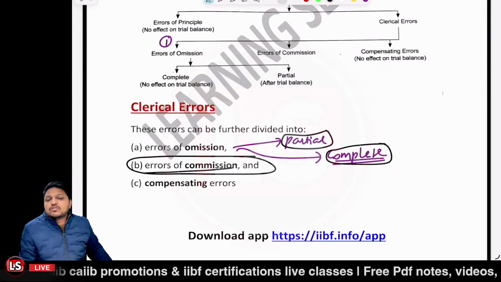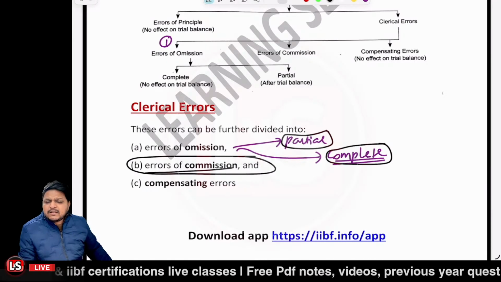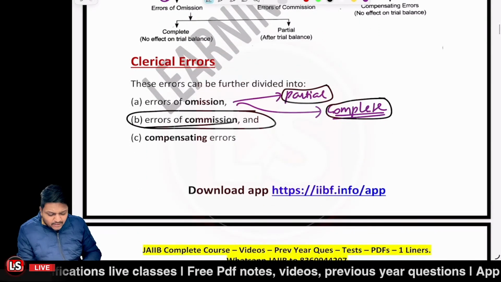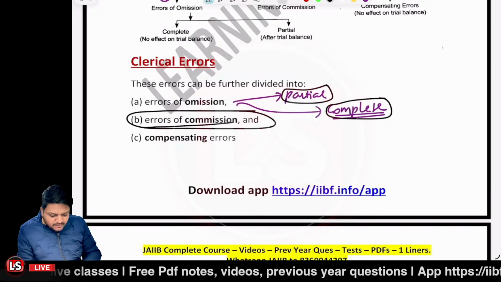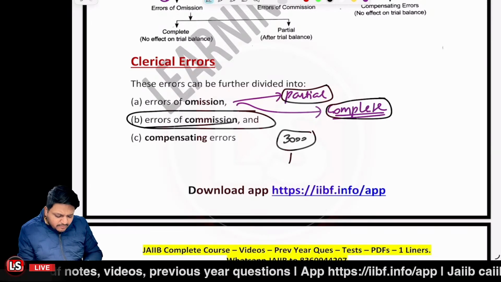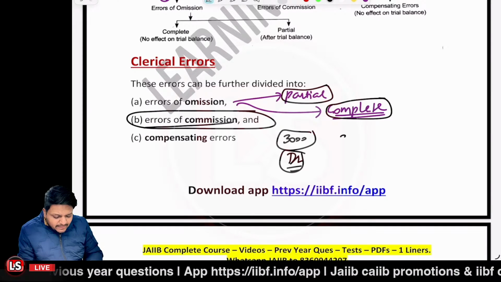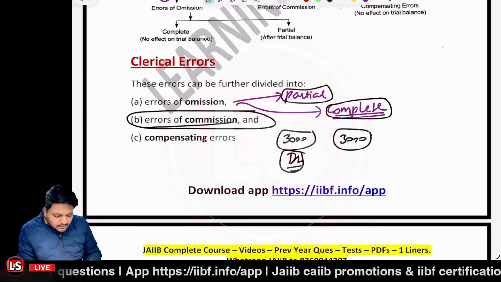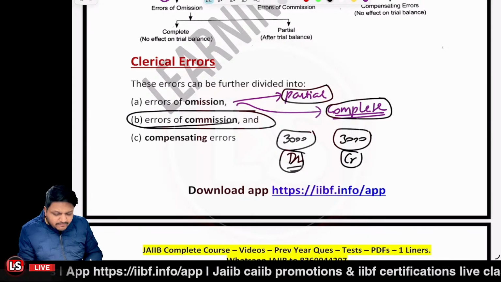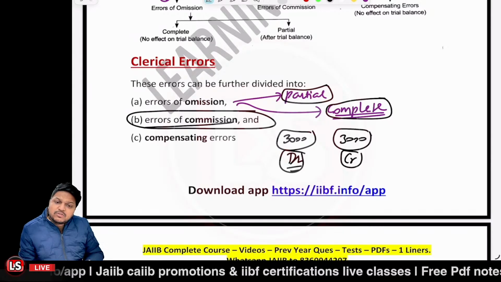And further, it could also be the case related to compensating errors. One thing led to a difference of rupees 3,000 debit, and the other error led to 3,000 plus. So one thing caused 3,000 less, and the other error caused 3,000 more.